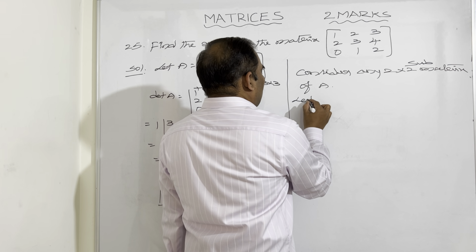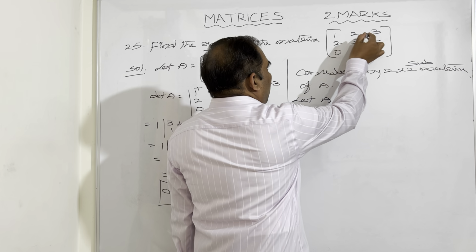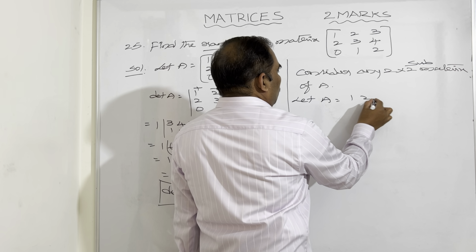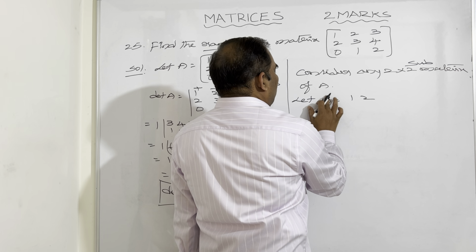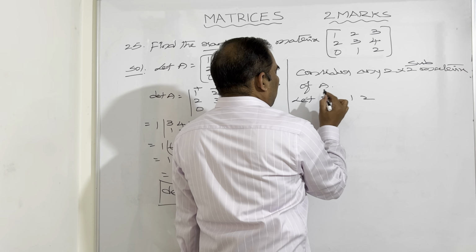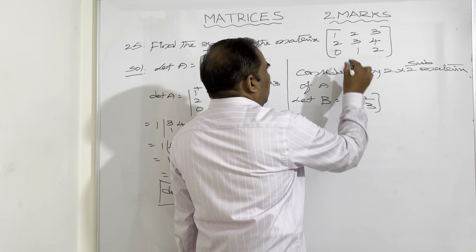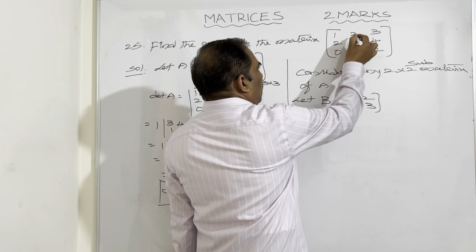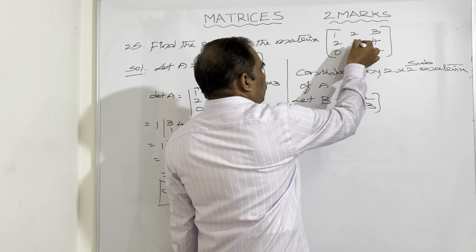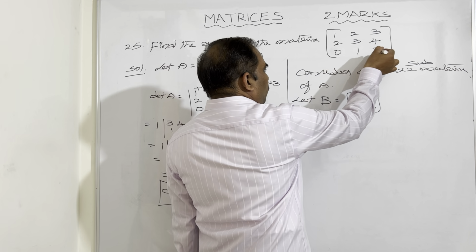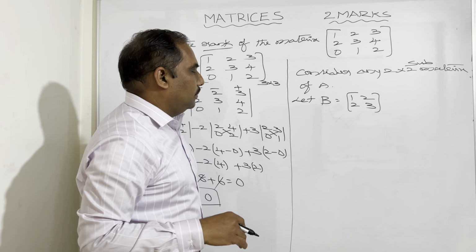Now, here I am considering matrix A already taken, let B be equal to 1, 2, 2, 3. You can consider anything: 1, 2, 2, 3, or 2, 3, 3, 4, or 2, 3, 0, 1, or 3, 4, 1, 2, any 2 by 2 you can consider.